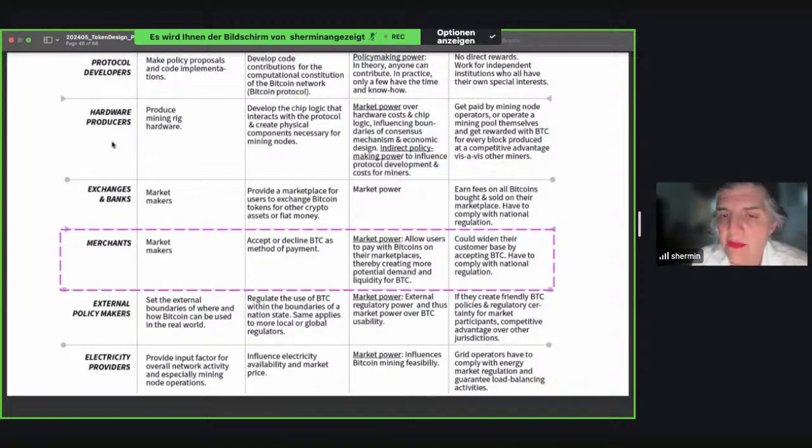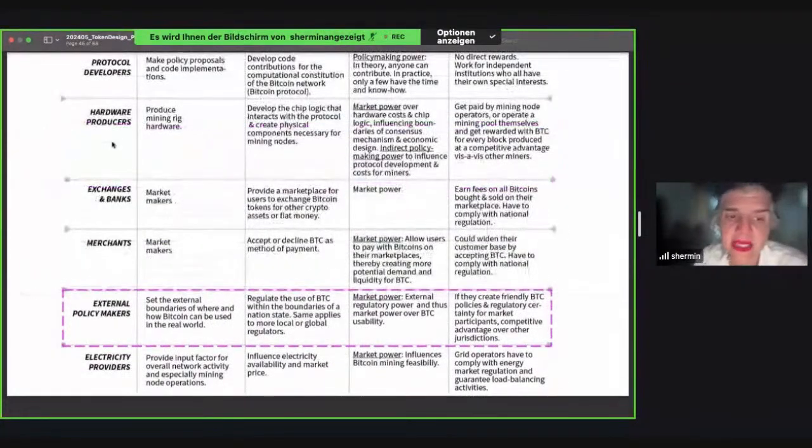They have market power by allowing users to pay with Bitcoins or deactivating Bitcoin as a method of payment on their marketplace. So whether or not merchants adopt Bitcoin, whether or not merchants are allowed to adopt Bitcoin because of national laws, could widen the customer base and also the demand for Bitcoins.